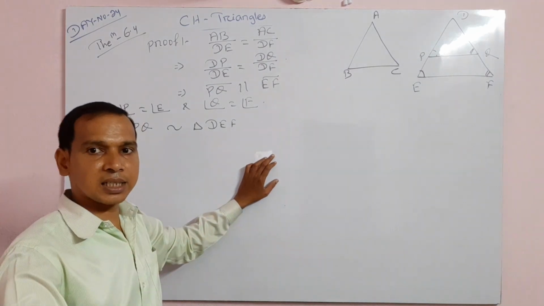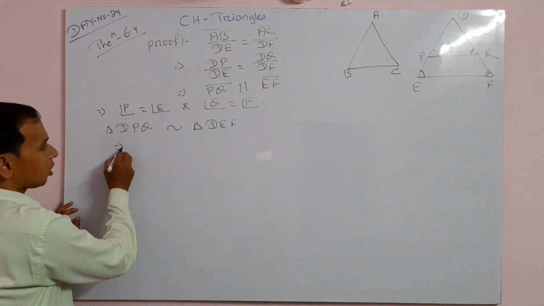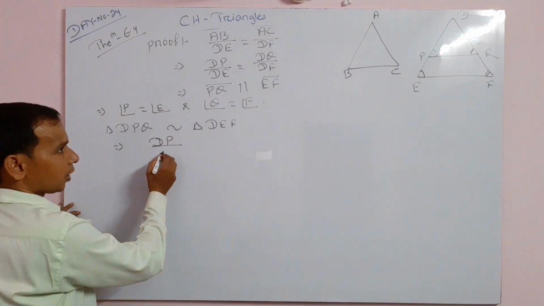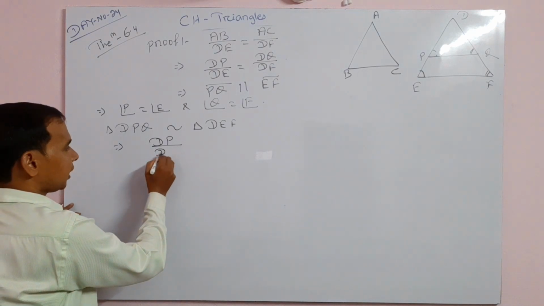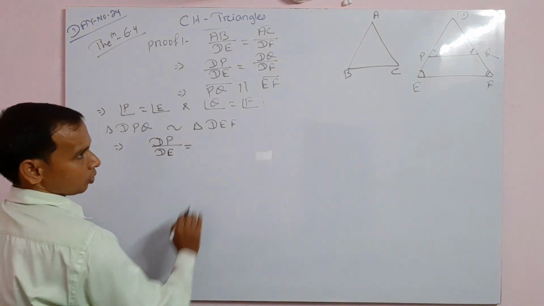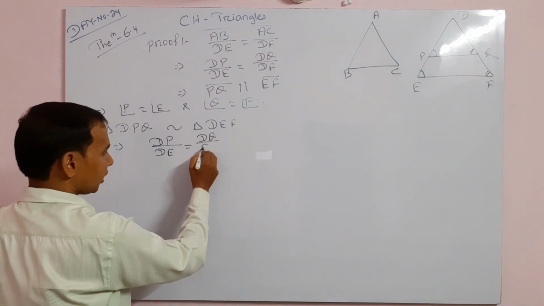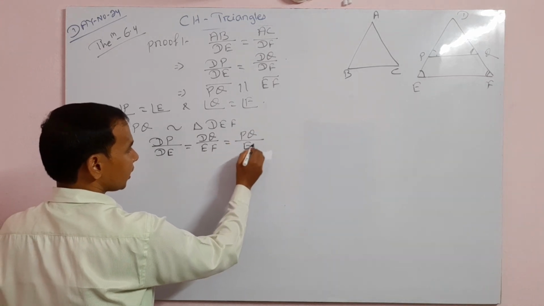As two triangles are similar, their respective sides are in equal ratio. So we can write DP by DE is equal to DQ by DF is equal to PQ by EF.